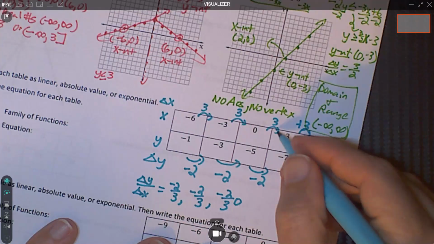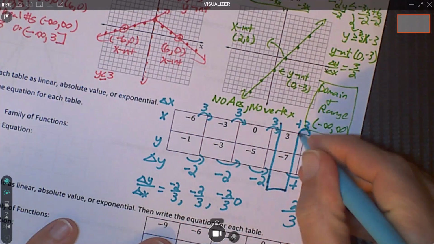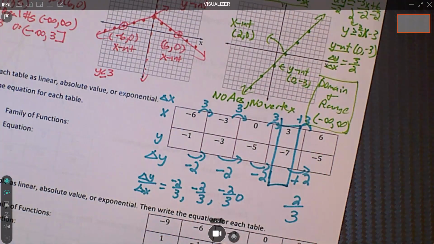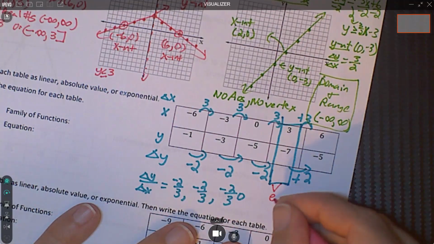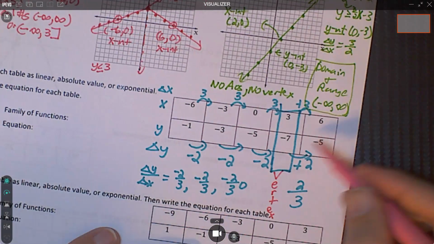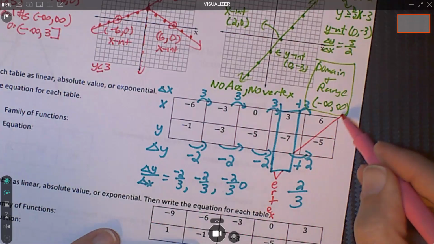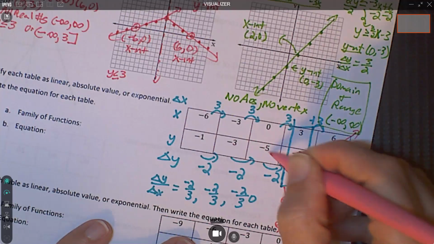Okay, here's the vertex. It changes direction. So there's the vertex, and it's going to go up positive this way, and it's going to go up that way.